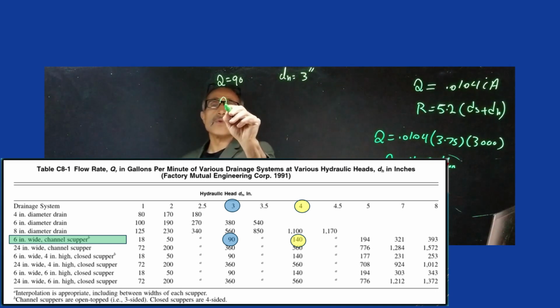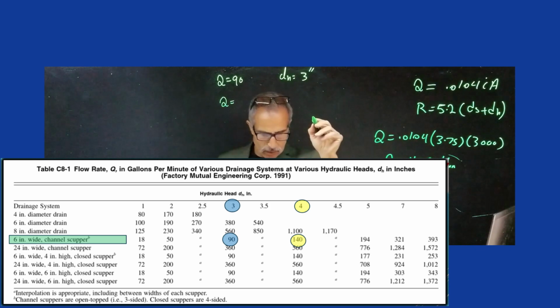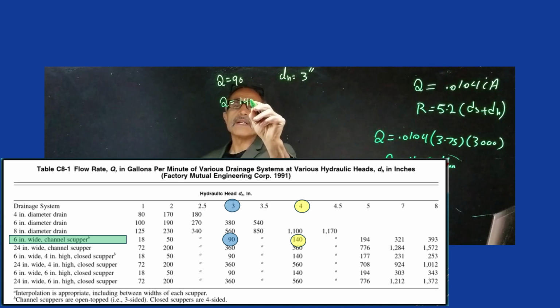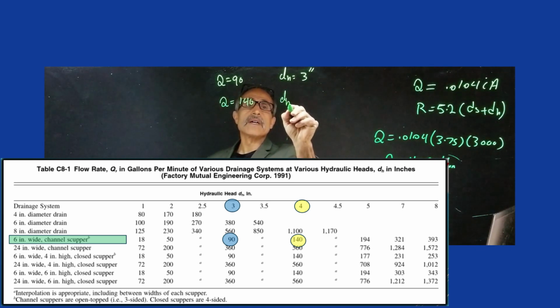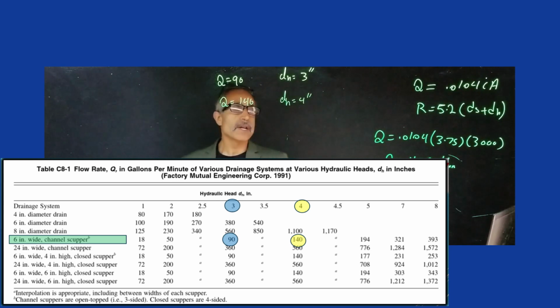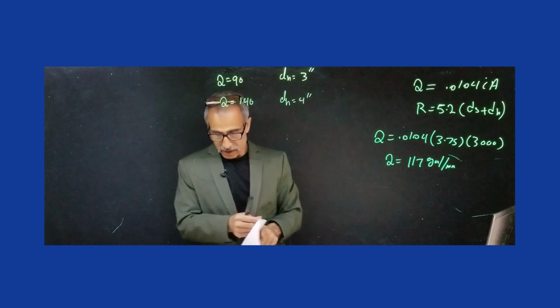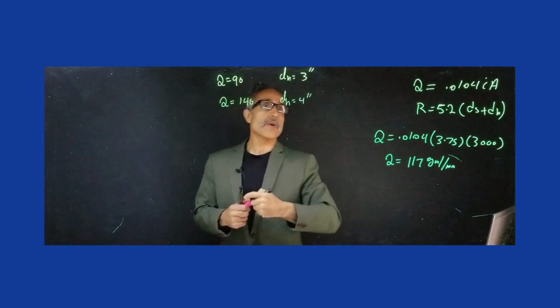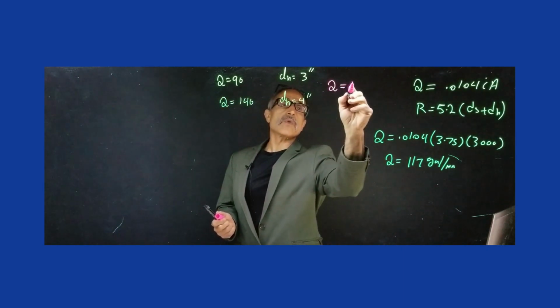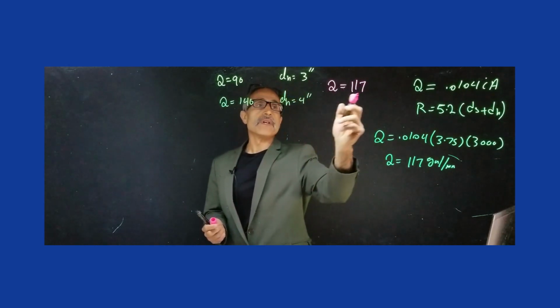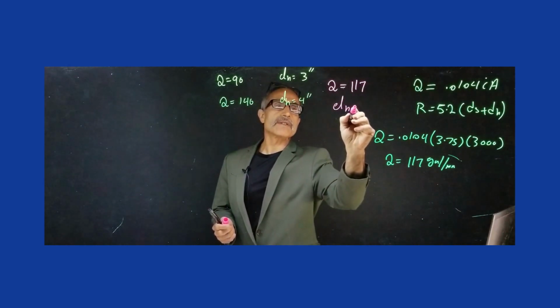The next one over is Q equals 140, and DH equals 4 inches. But our Q came out to 117. Where's the column I'm looking for? So our Q is equal to 117. Then what is my DH?